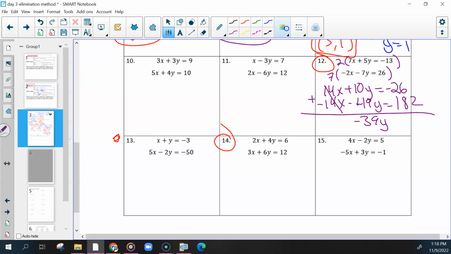And then -26 plus 182 will give us what? Then we can divide both sides by -39. I think that's -4.